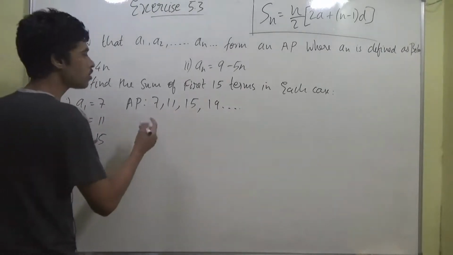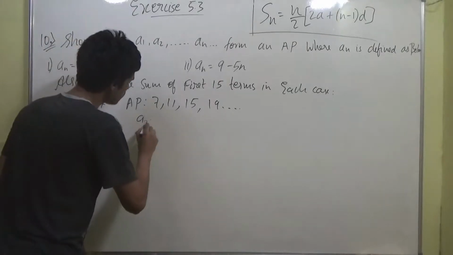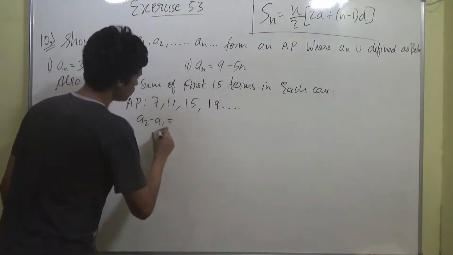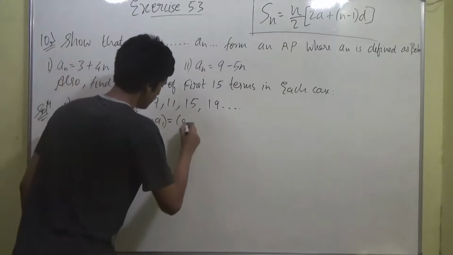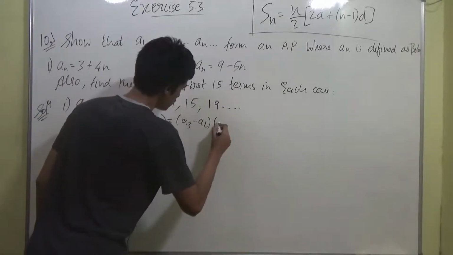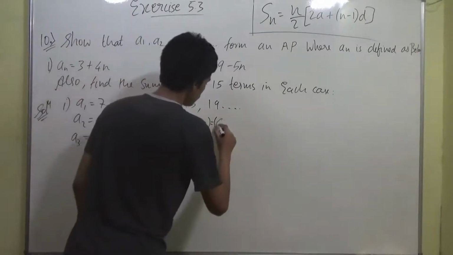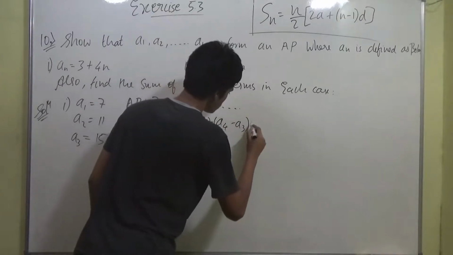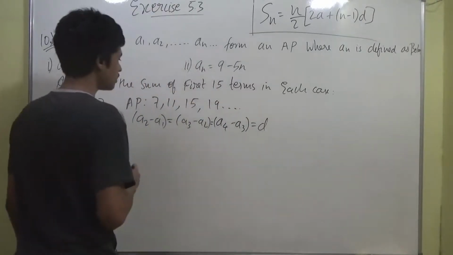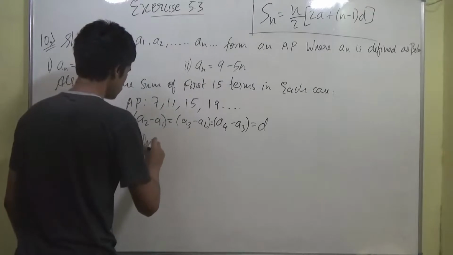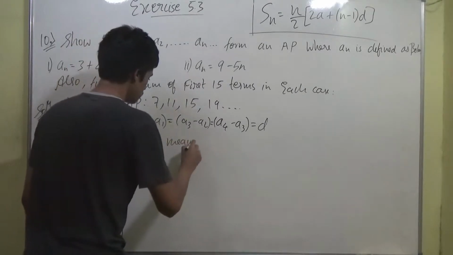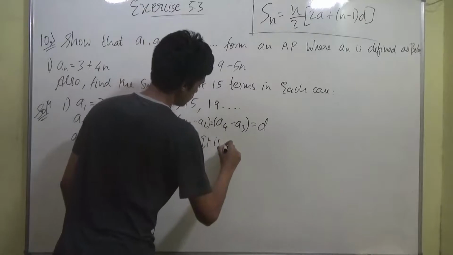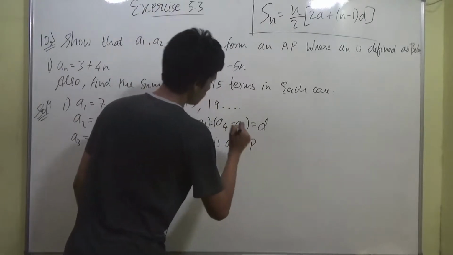So if you see here, the common difference, that is A2 minus A1, is equal to A3 minus A2, is equal to A4 minus A3, which is equal to d, the common difference, which means it is an AP, right, guys?